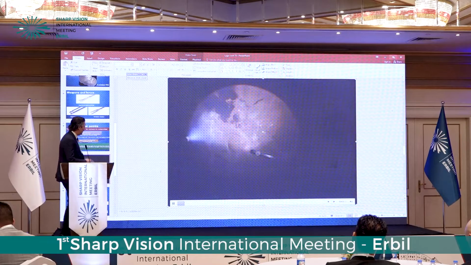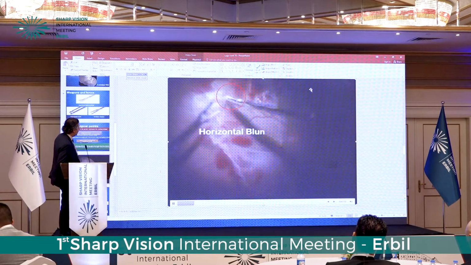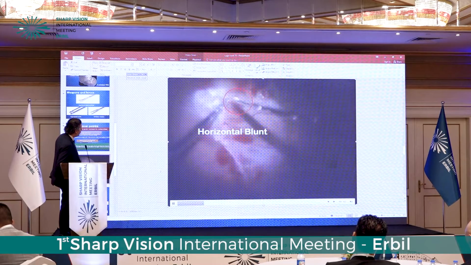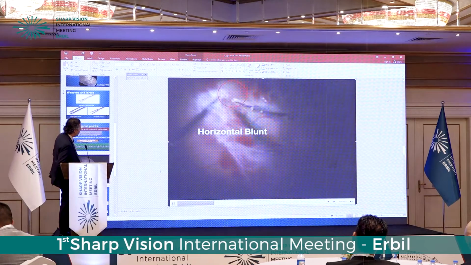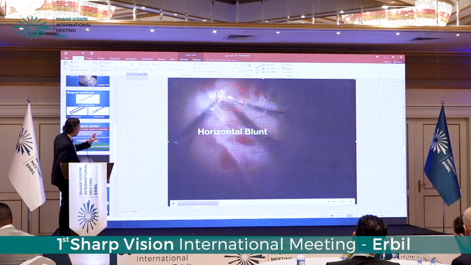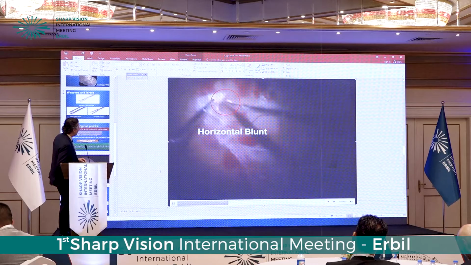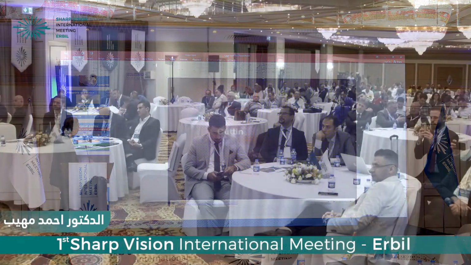This is a very aggressive broad base traction retinal detachment. This is a demonstration of how the horizontal blunt dissection force works. You are transforming the big membrane into small bridges, one by one. Here the bridges are clear.